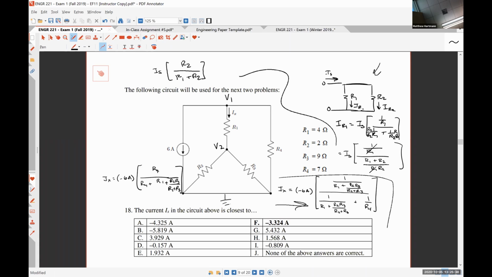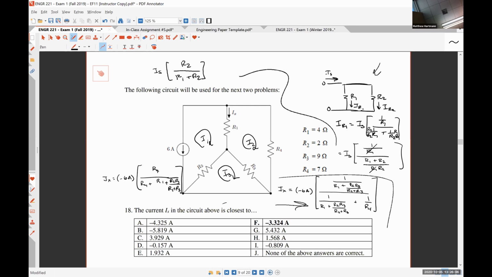Nothing particularly difficult there. Ix would have been V1 minus V2 over R1. Or we could have done, call this guy mesh 1, this guy mesh 2, this guy mesh 3, and then solve that system of equations, and Ix would be I1 minus I2.